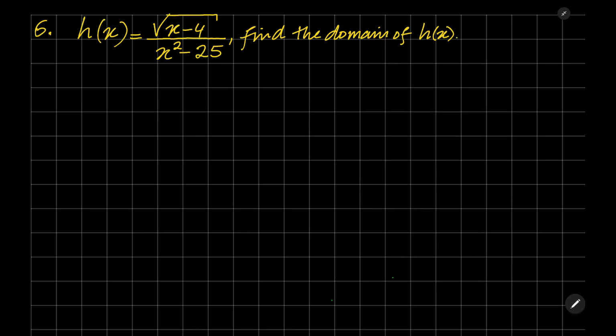Question 6. h of x is equal to square root x minus 4 over x squared minus 25. Find the domain of h of x. Now we know that x minus 4 must be greater than or equal to 0, and x squared minus 25 cannot be equal to 0.